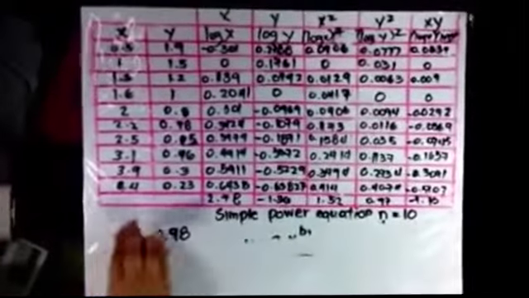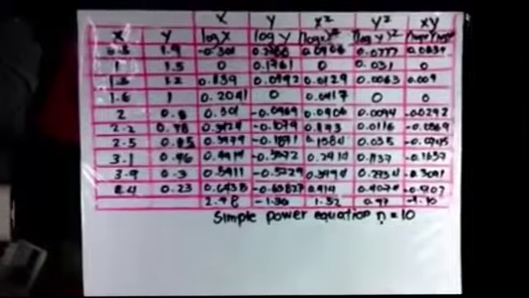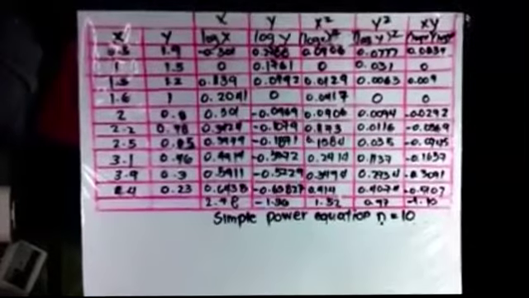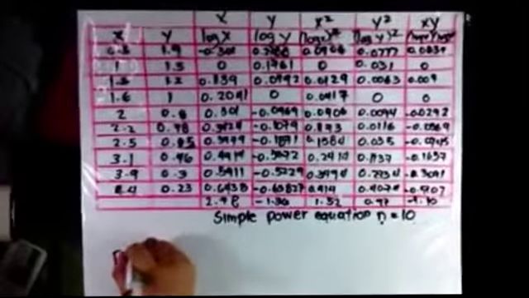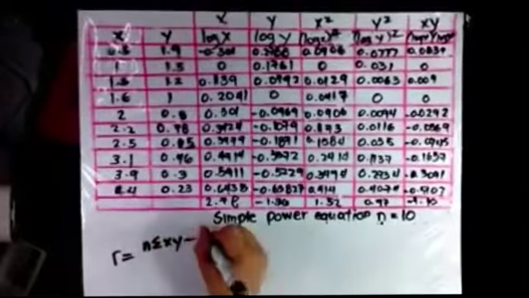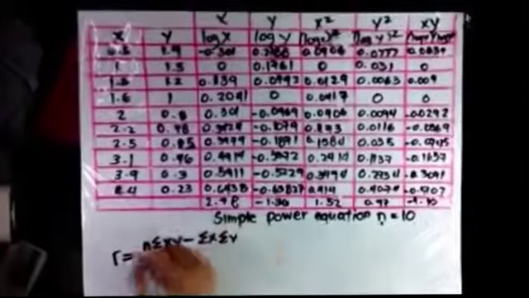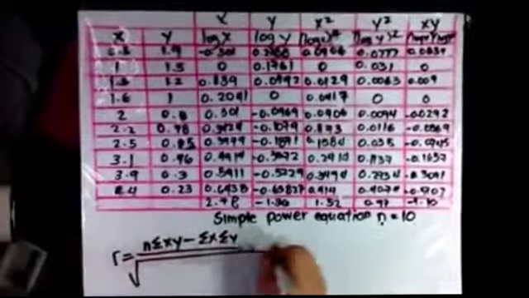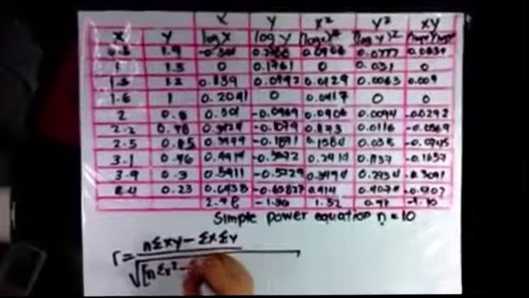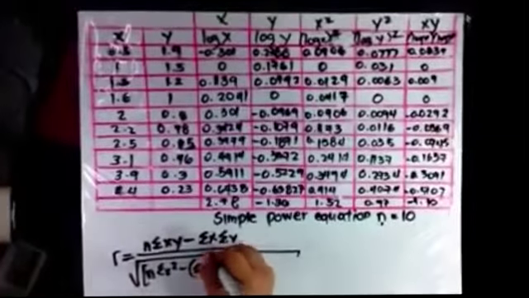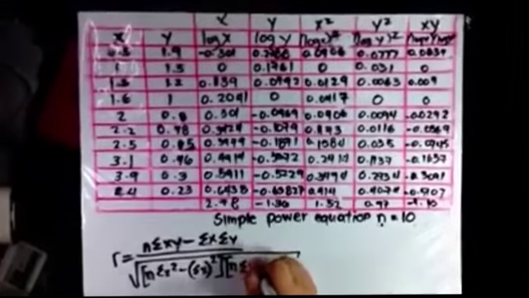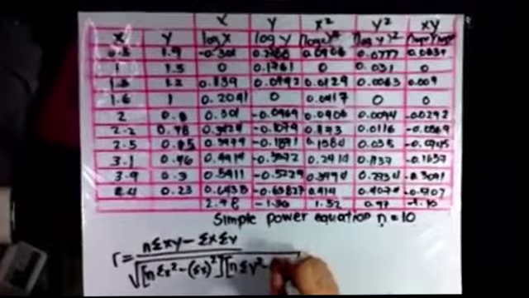Then for the Pearson product moment correlation coefficient, we have the formula of R is equal to N times the summation of xy minus summation of x times summation of y, all over the square root of N times the summation of x squared minus the square of summation of x, times N times the summation of y squared minus the square of summation of y.